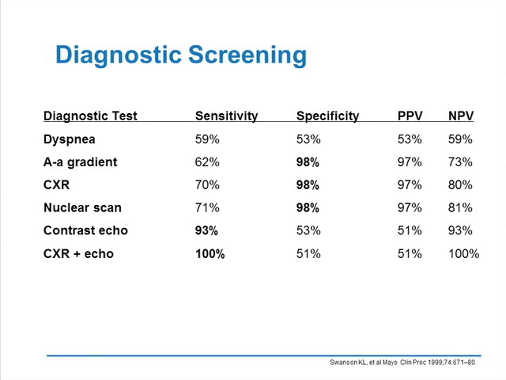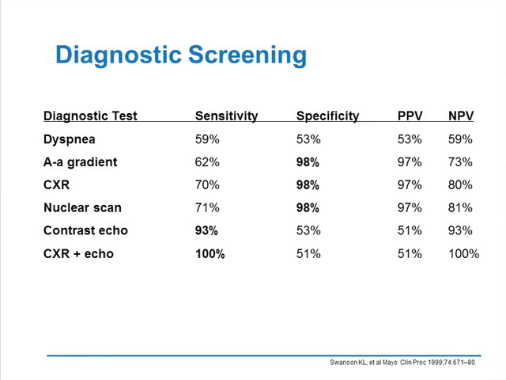There's doing an ABG with an AA gradient, which is quite specific, but it is invasive. The chest X-ray and the nuclear scan, sometimes smaller AVMs can be missed on a chest X-ray. The nuclear scan is not good in identifying as a screening test, but it's a good test in specifying, yes, that's what it is.